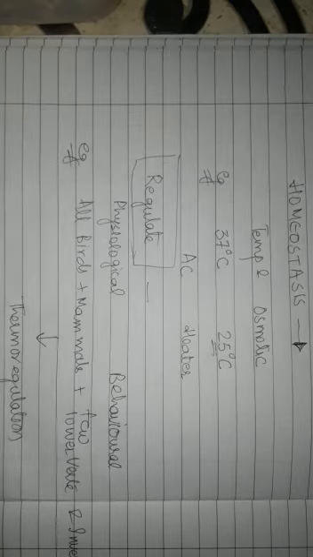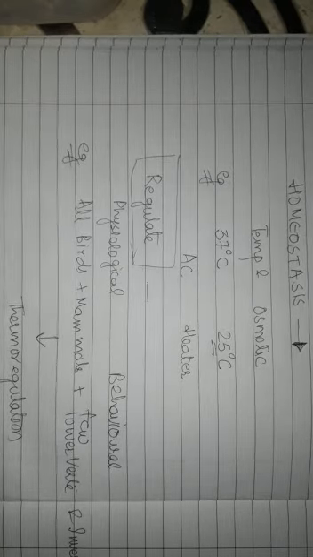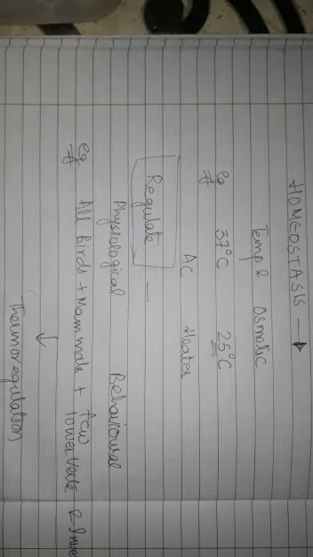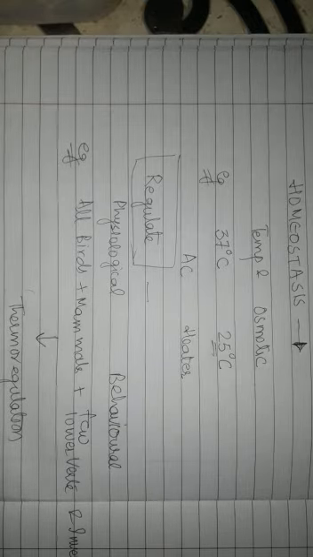Thermoregulation means they can maintain their constant internal body temperature, and osmoregulation means they are able to maintain their salt content. Because of this thermoregulation and osmoregulation, the mammals are the most successful organisms on this earth.